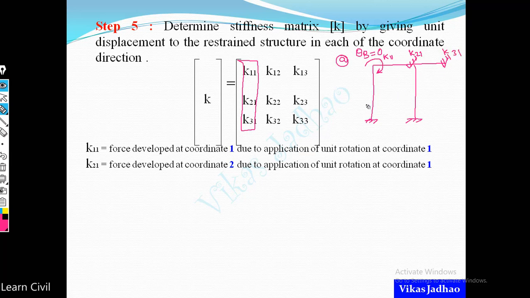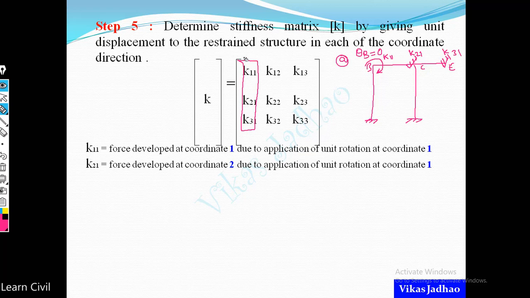So K11 will be the summation of stiffness of all the members meeting at joint B, that is BA plus BC. K21 is the summation of stiffness for member CB, and K31 is the summation of stiffness for EC.